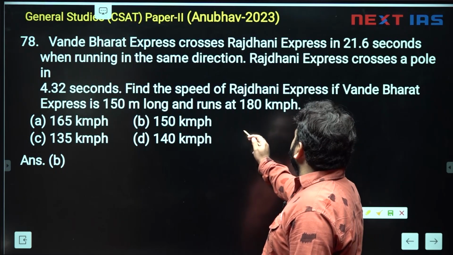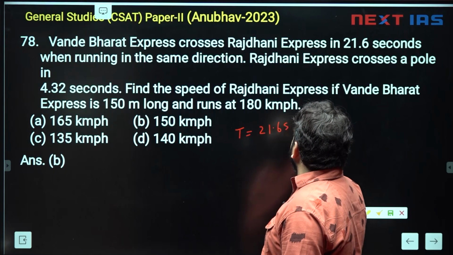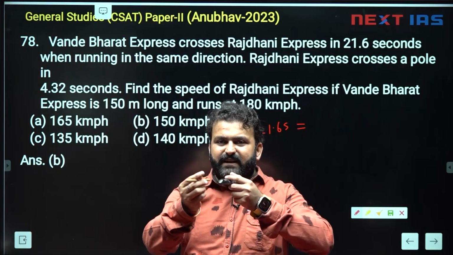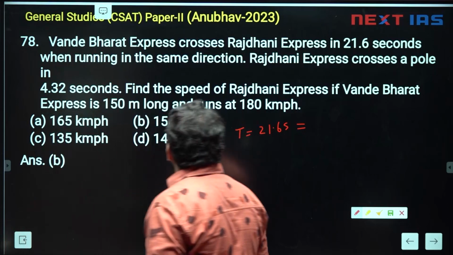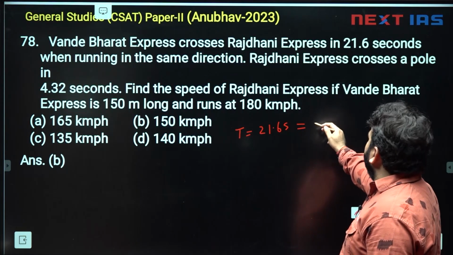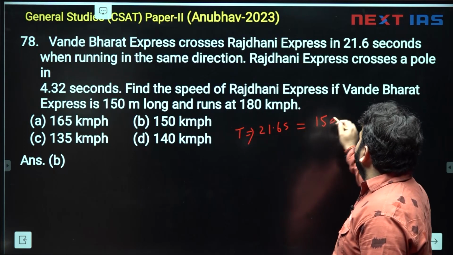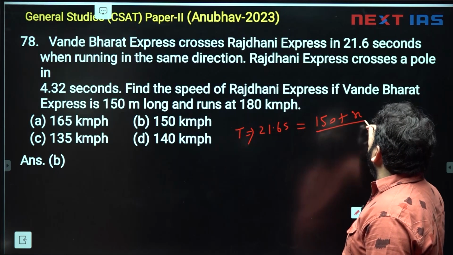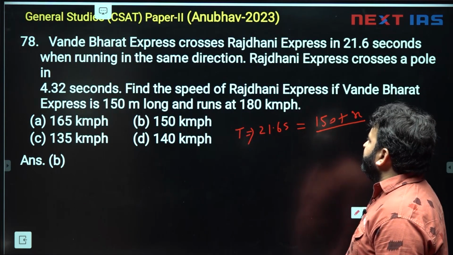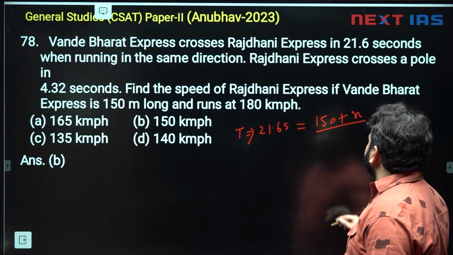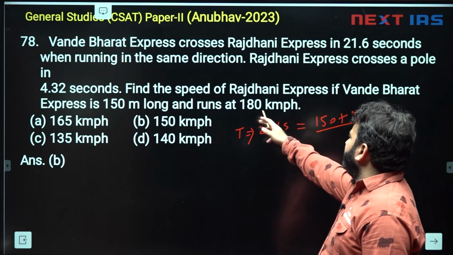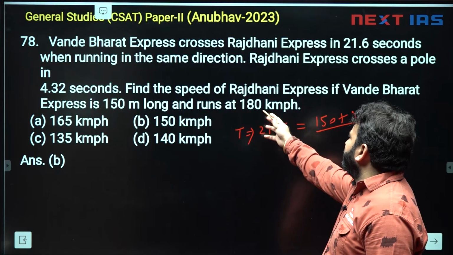So time is 21.6 seconds, which will be equal to, see, when two trains are crossing each other in the same direction, it is overtaking, so it will be the length of the first train, that is Vande Bharat, 150, plus I am taking the length of the other as x, upon the difference of the speeds. Here the speed 180 km per hour is given, so you convert this into meter per second.